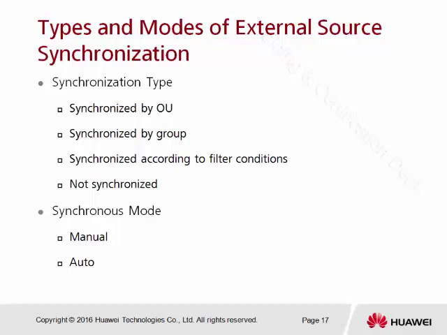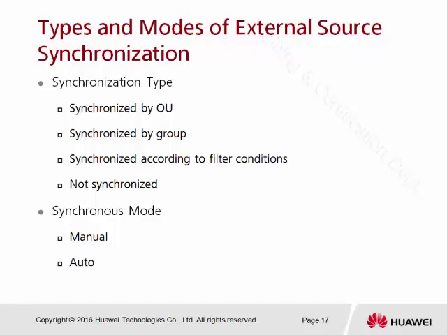Type and mode of the external source synchronization. For the synchronization, it allows you to synchronize based on the OU, by group, and also according to a filter condition. And the last one is no synchronization. For the mode of synchronization, we can choose manual or auto mode.